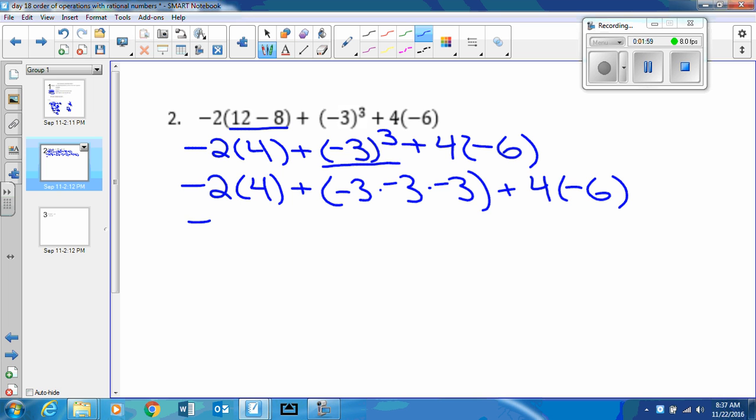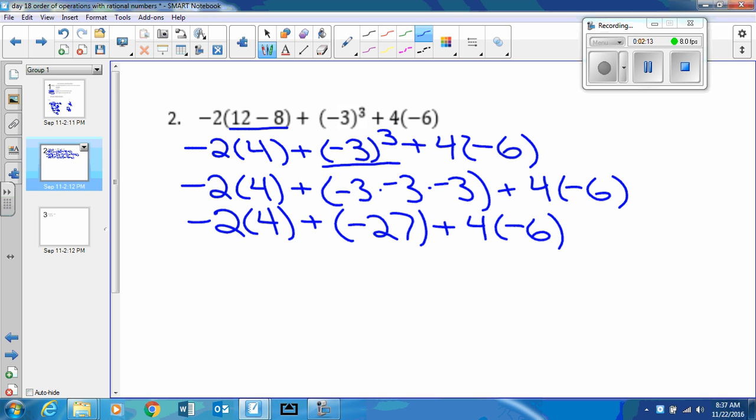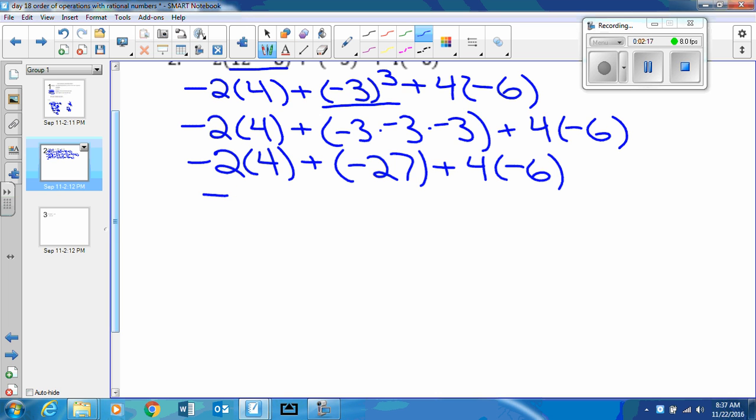Still working on the exponent now. -3 times -3 is +9, and +9 times -3 is -27. Now I would multiply. -2 times 4 becomes -8.